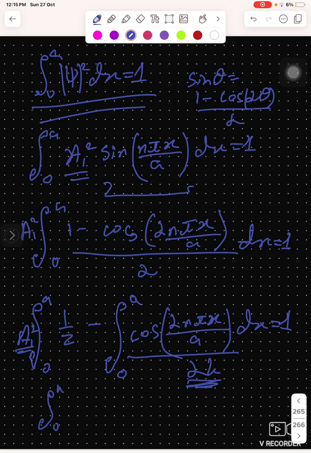So a over 0, and the integration of 1 over 2 is nothing but x over 2. Apply the limits, 0 over 2 is 0, and this will become a over 2 minus 0, which is a over 2.